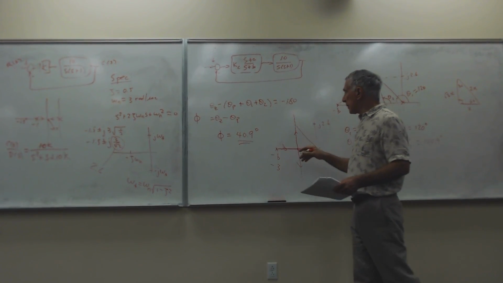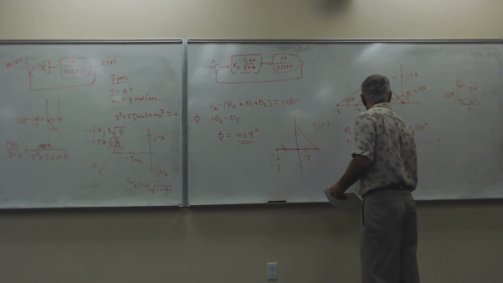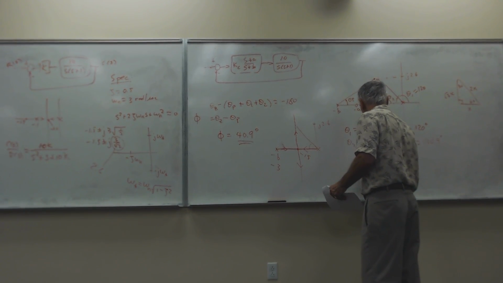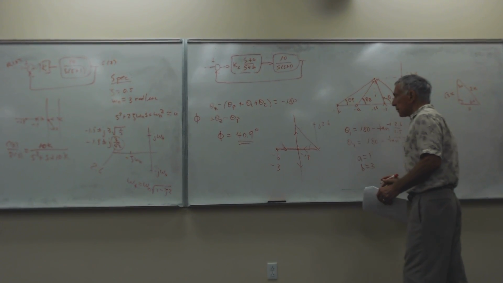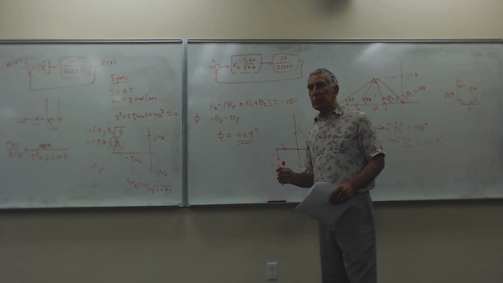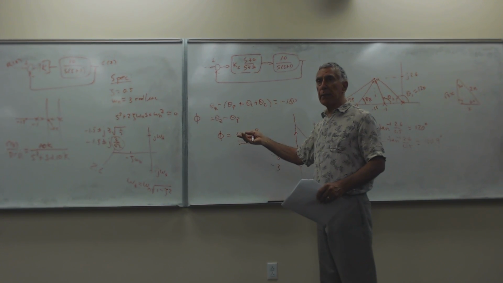So after you find the A and B, A equals 1 and B equals 3, then we can use the magnitude condition. So we use this as the angle condition here.